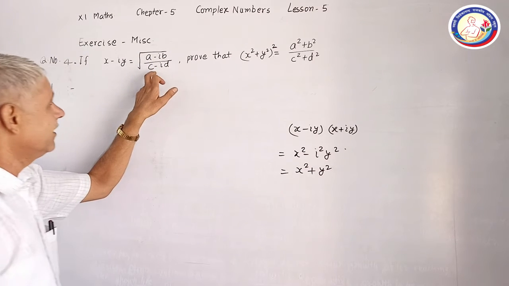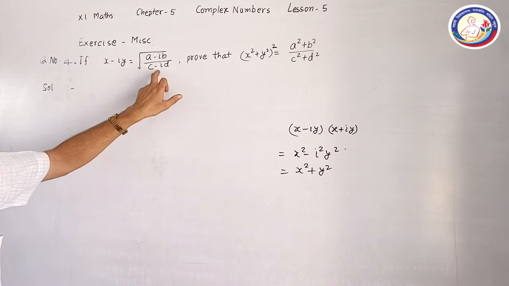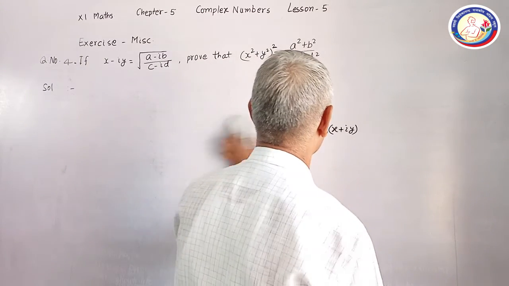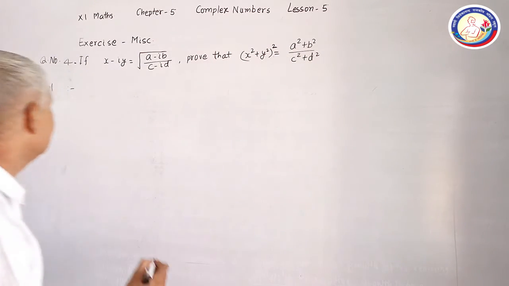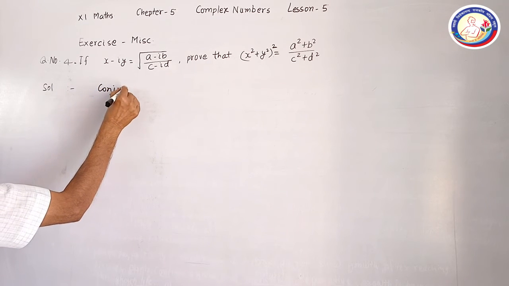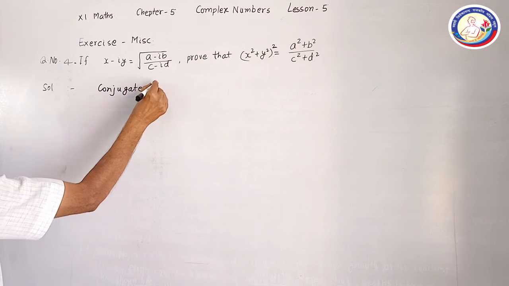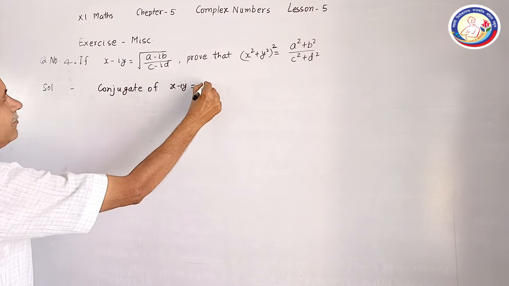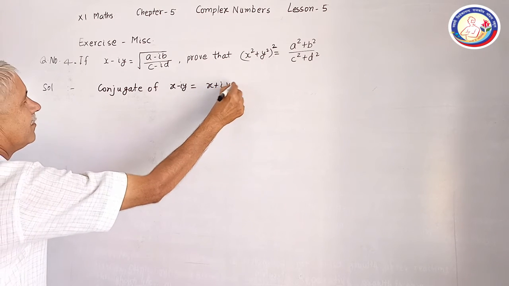And what about this right hand side? We can also find the conjugate of this. So we will start with the conjugate. Here, the conjugate of x minus iota y equals x plus iota y.